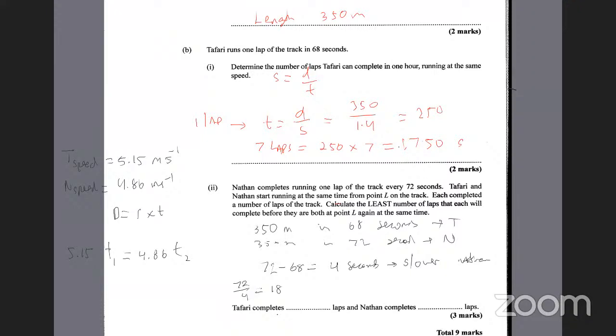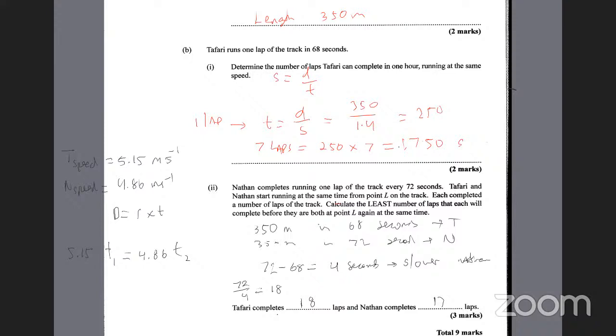But it takes 18 more laps after that. So 4 seconds behind. So Tafari completes 18 laps. And then Nathan only completes 17 laps. All right, I'll find an easier way to work it out.